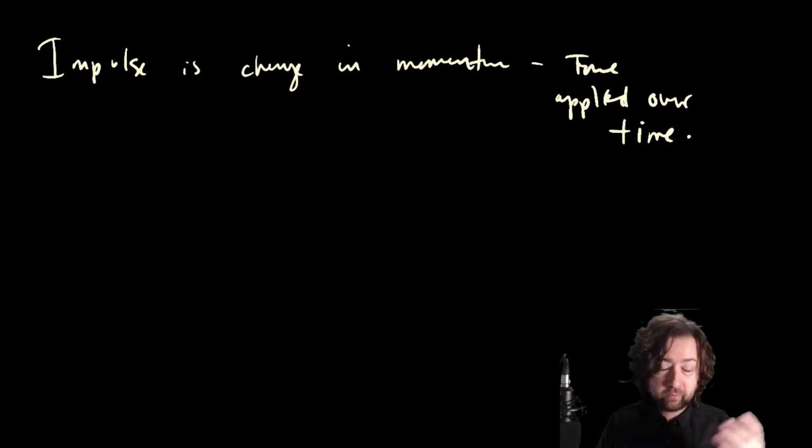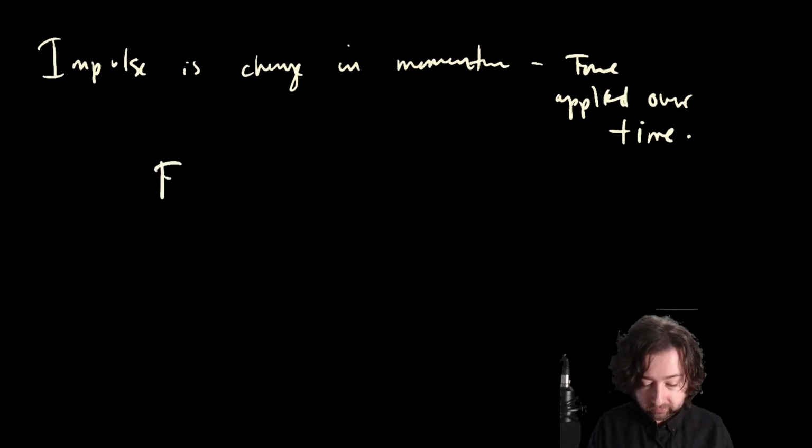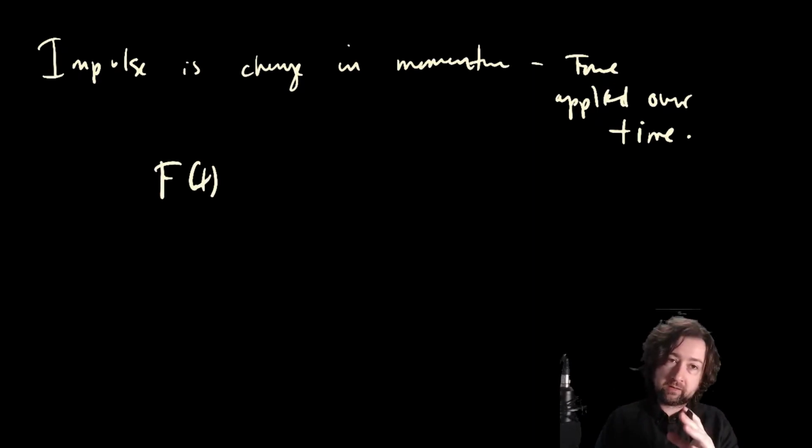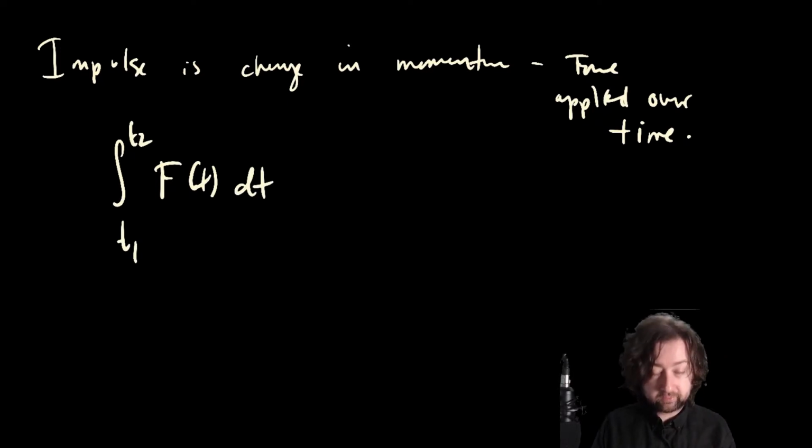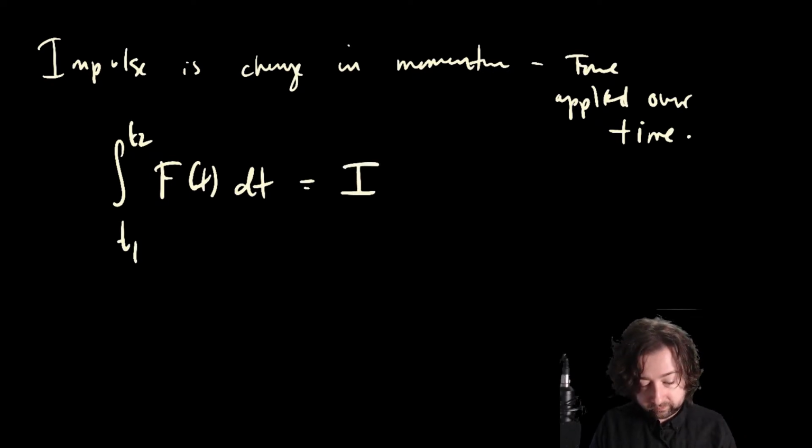So if you have a force function f of t that's changing as time goes on, then you could actually integrate from time 1 to time 2 the force function over time. And essentially what you're doing is you're adding up the effect of multiplying force by time. This is related to the way that work comes out of integrating force over distance. So this is called I. So this measures impulse.